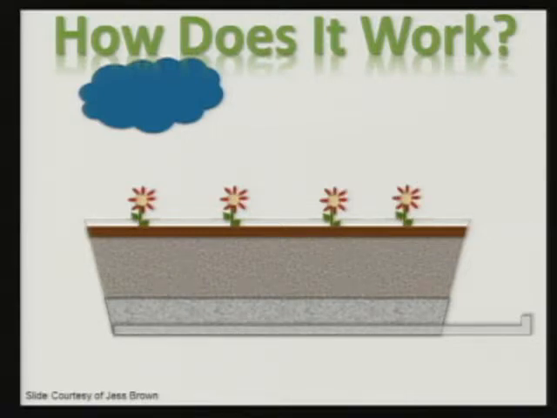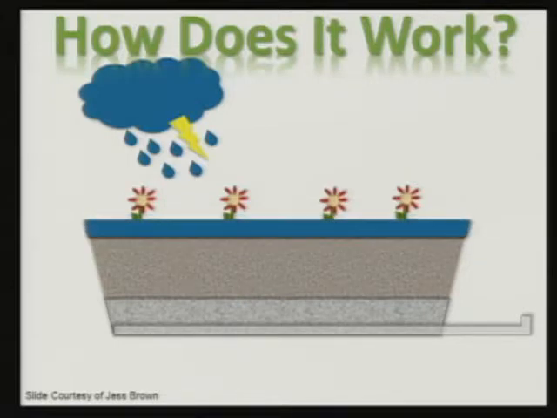Here we can see a bioretention cell, and I thought we'd talk very quickly about how it works. In the center of the cell, you can see that specialized soil media. This is a very well-drained media. And so as it rains, water collects on the top of the bioretention cell, and it's held there for a little while, and so there will be ponded water on the top of the cell.